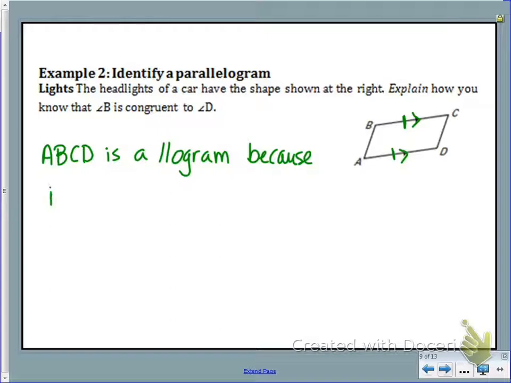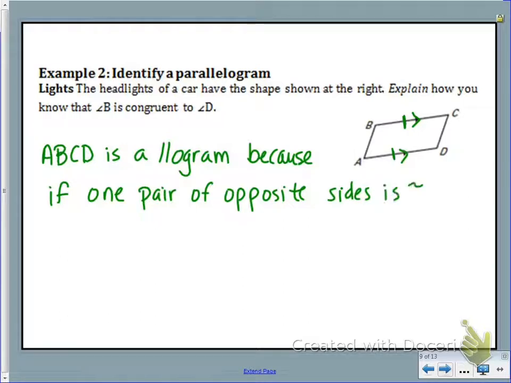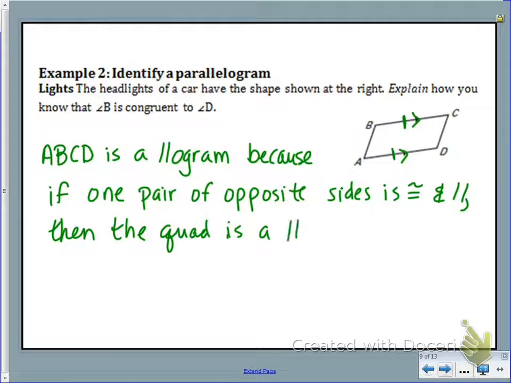Because if one pair of opposite sides is congruent and parallel, then the quadrilateral is a parallelogram. So we have our claim, but then we've supported it.